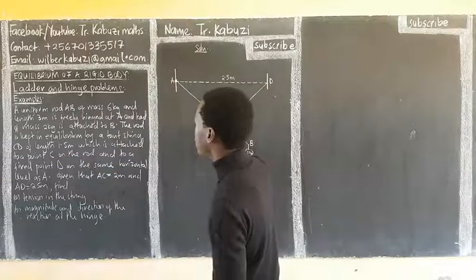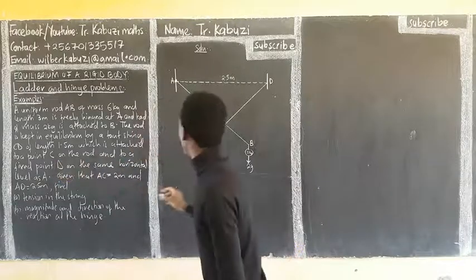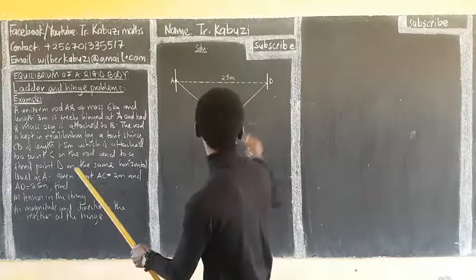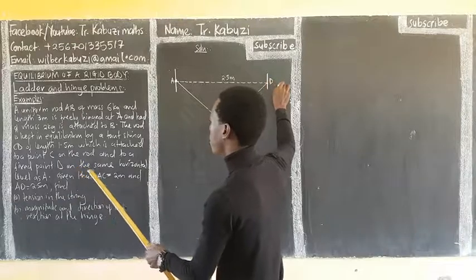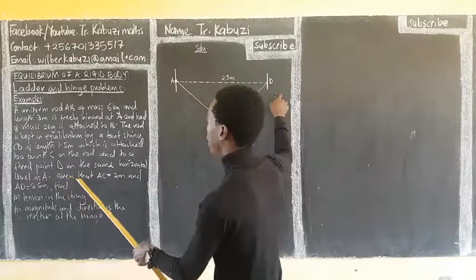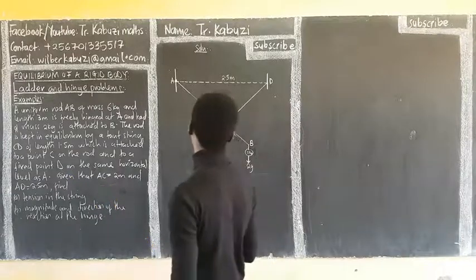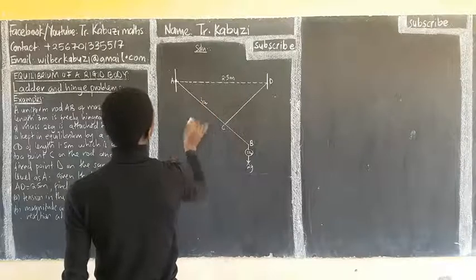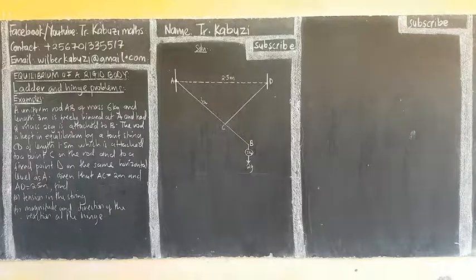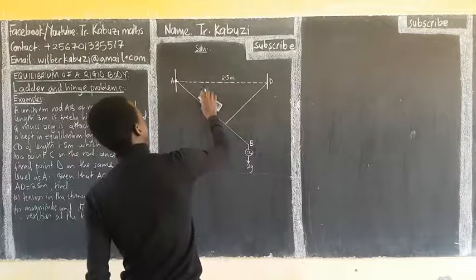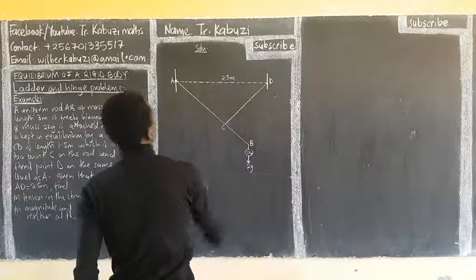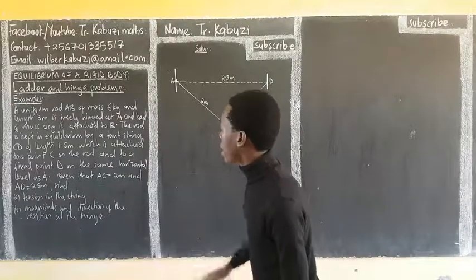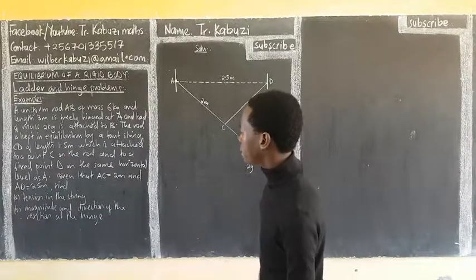The rod is kept in equilibrium by the taut string CD. So this is D, which is attached to a point C on the rod. So this is the point C on the rod, and this is CD, to a fixed point D. This is now a fixed point D, as you see, on the same horizontal level as A. Given that AC is 2 meters, so from here up to here is 2 meters, not centimeters, and AD is 2.5 meters.